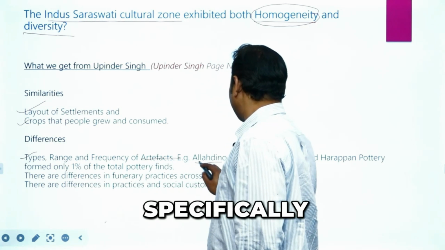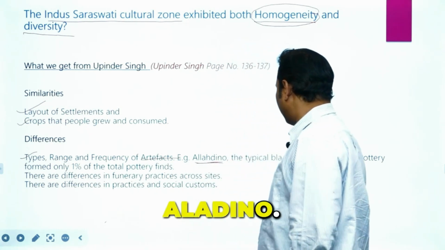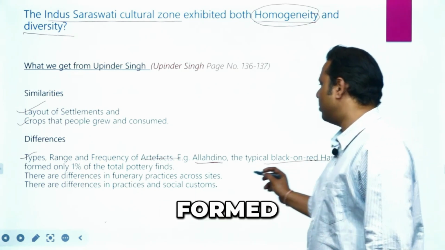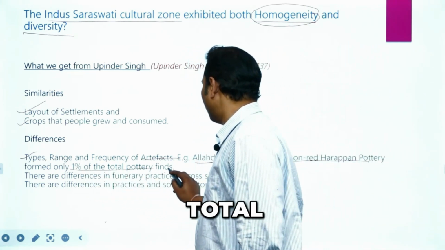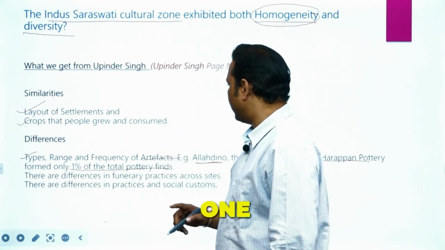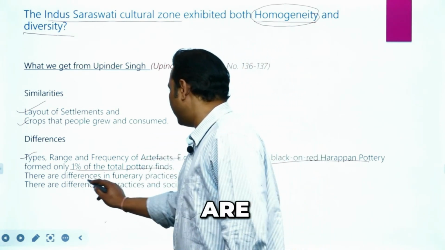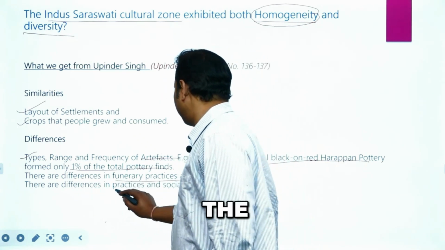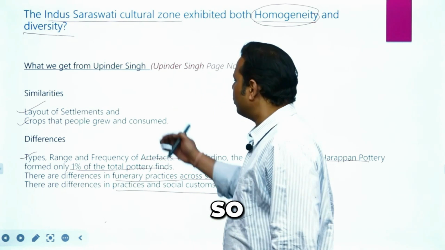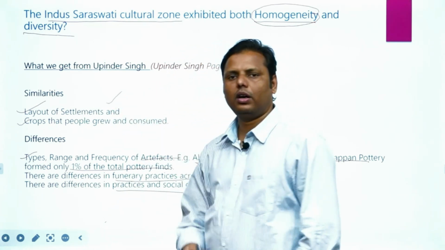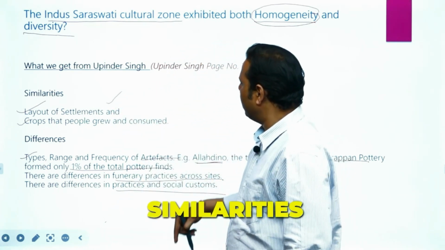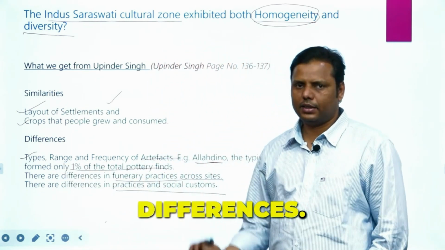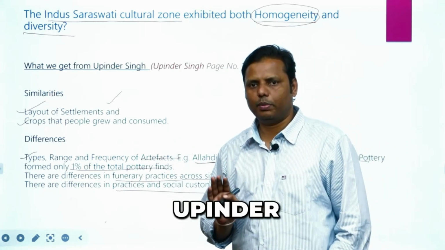For example, from Alamgirpur, the typical black on red Harappan pottery formed only 1% of the total pottery finds. Apart from that, there are differences in funerary practices across the sites, and differences in practices and social customs. So just 2 points for homogeneity and 4 points for differences. This is the information we get from Upinder Singh.